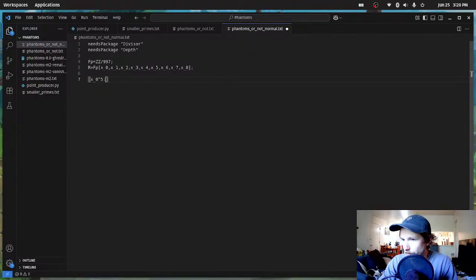So it would be X0 to the 4th X1, X0 to the 3 X1 squared, X0 squared X1 cubed, X0 X1 to the 4th, X1 to the 5th, and then homogeneous equations of degree 1.